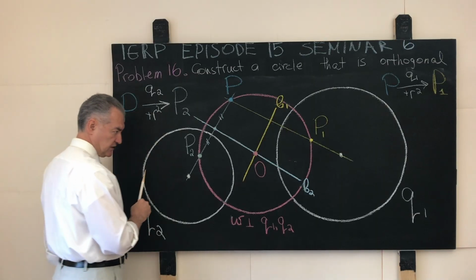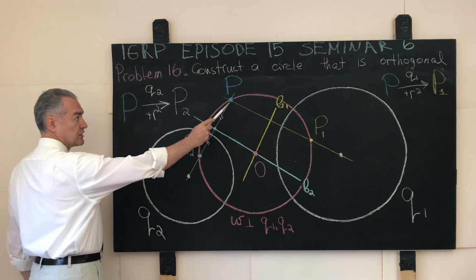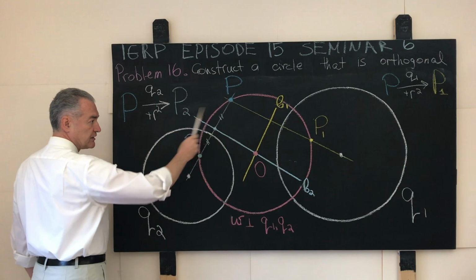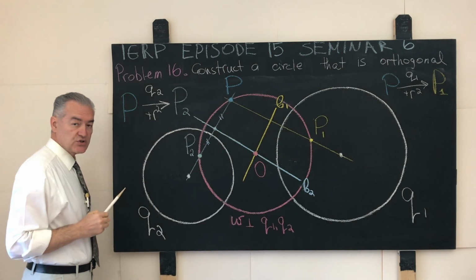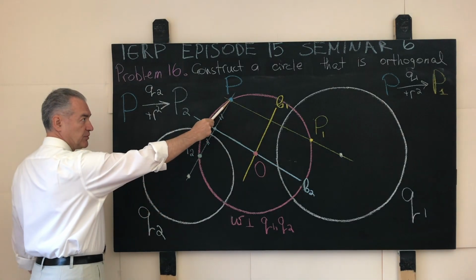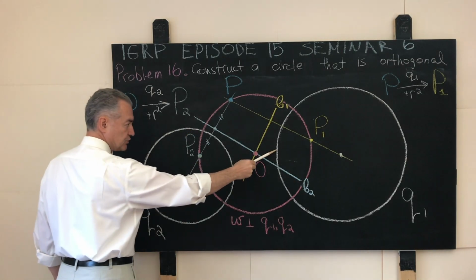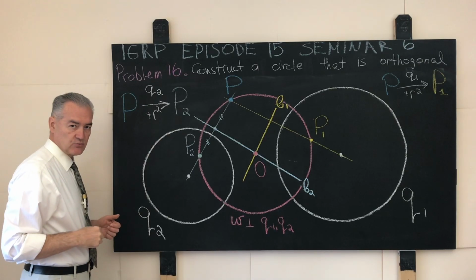One circle is located outside of the other, and we're given a sample point P that is coplanar with these two input circles. Then, in order to construct a circle that passes through that point P and that is orthogonal to both input circles, the circle Q1 and the circle Q2, we already understand what needs to be done.